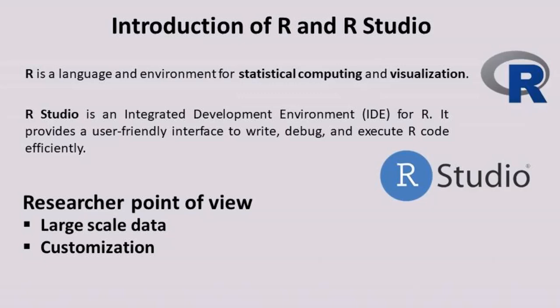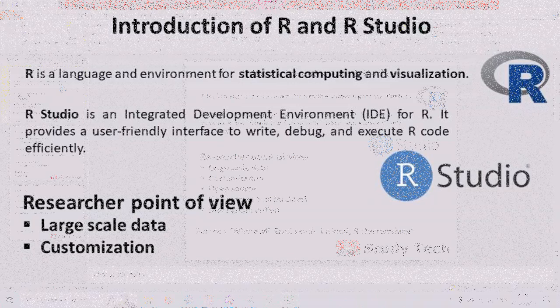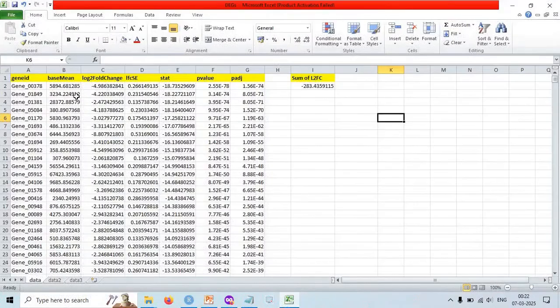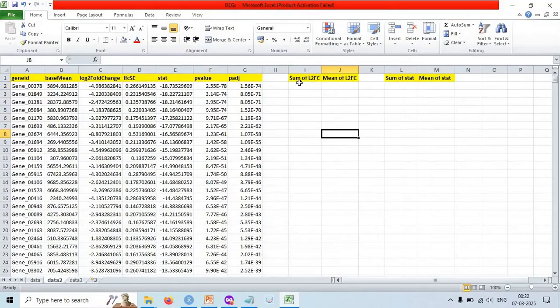R has customization. For example, you have this datasheet and the sum of this log2 fold change. Now you have another datasheet, and you need the sum of the log2 fold change, the mean of the log2 fold change, and the sum and mean of this column. Here you need to type all these commands again.